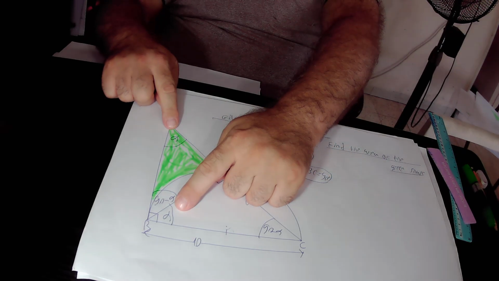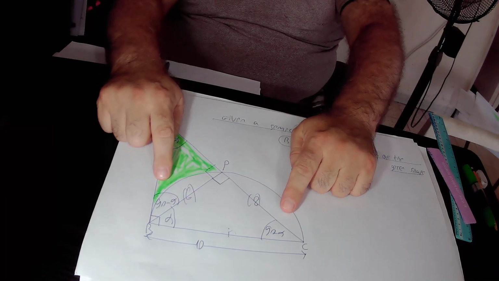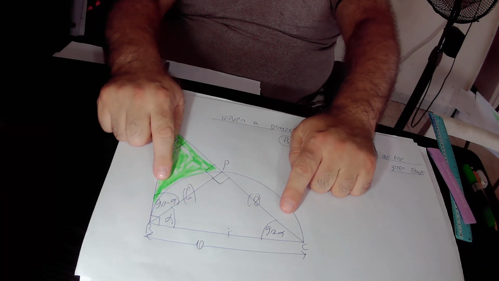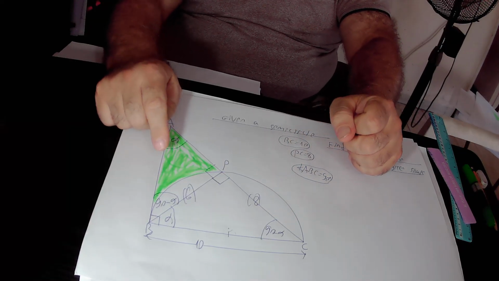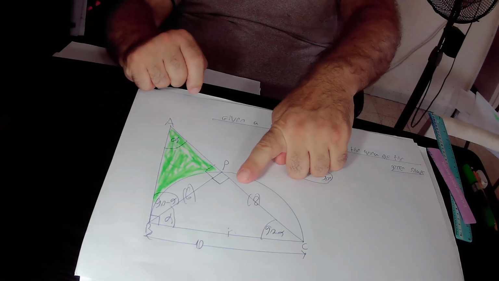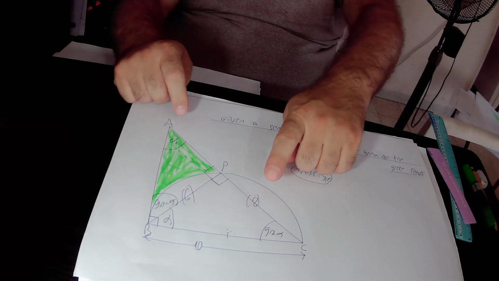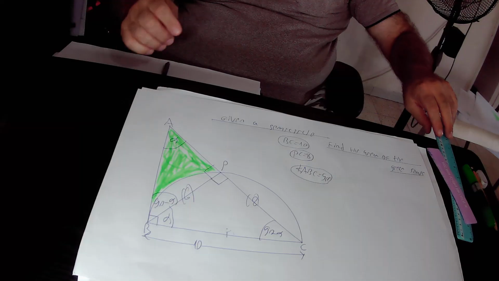In addition, those two angles are both equal to alpha, therefore they are equal to each other. And finally, those two angles are both equal to 90 degrees minus alpha, therefore they are equal to each other. So we found out that all the angles of this right triangle ABP are correspondingly equal to all the angles of this right triangle BPC, and therefore those two right triangles are similar to each other according to the angle similarity rule. So I write it down.